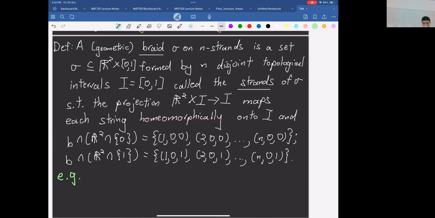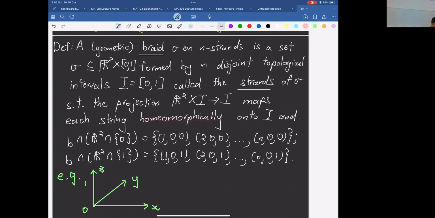So let's start with R2. Then we have an extra dimension here, but what we really care about is just 0 to 1 for the moment, and the time is going from 0 to 1 here.